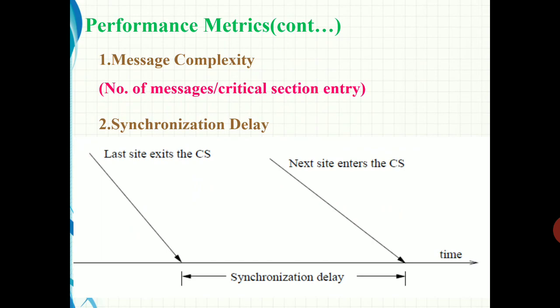The second performance metric is synchronization delay. After a site leaves the critical section, it is the time required before the next site enters the critical section. You can see in the figure that the last site exits at some point of time, and after some time the next site enters the critical section.